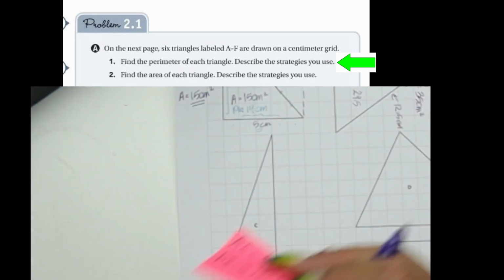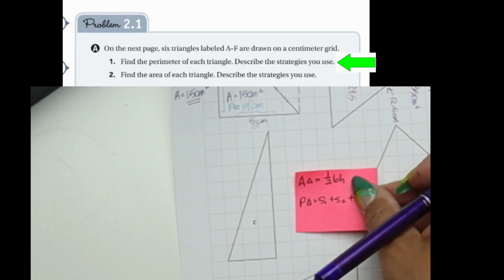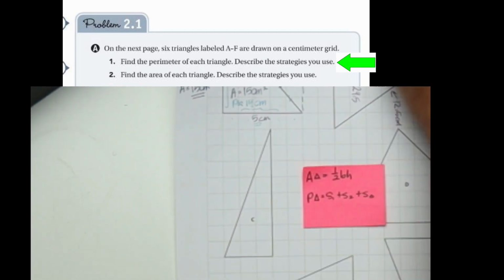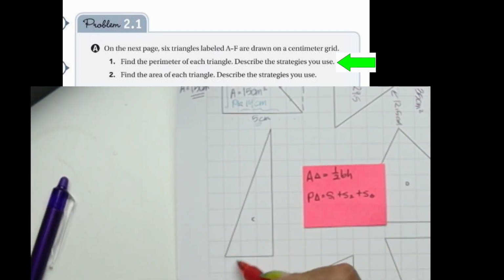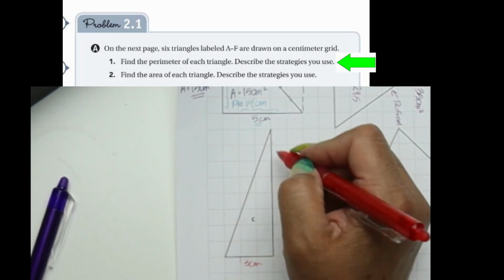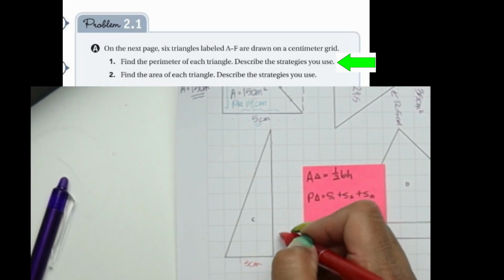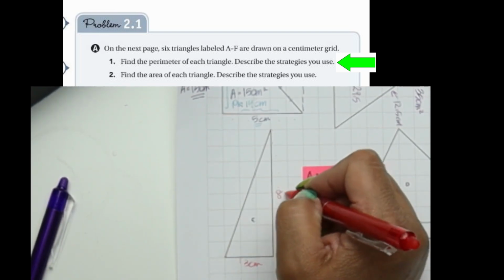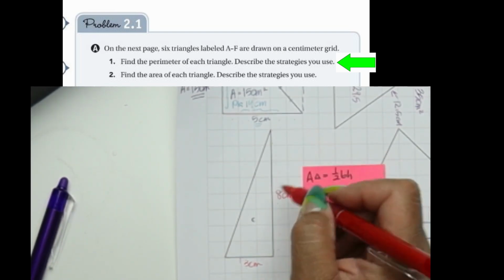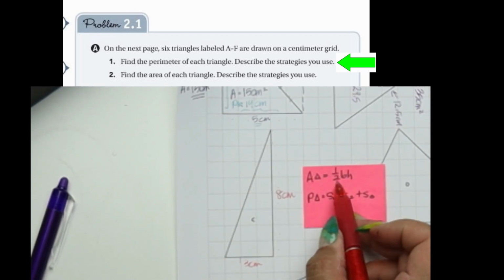Triangle C. And I'm going to use this formula to find the area and the perimeter. The base is 1, 2, 3 centimeters. And the height is 1, 2, 3, 4, 5, 6, 7, 8 centimeters. So I can use this formula to find the area.